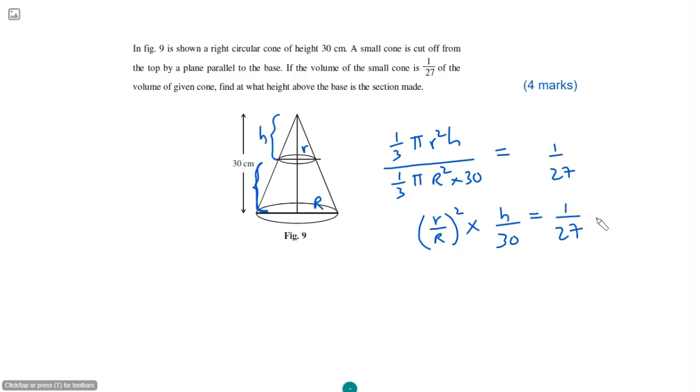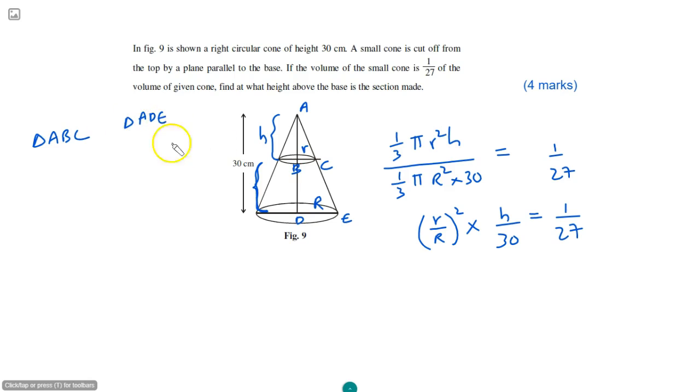For that we need to use similar triangles. Can you identify two similar triangles from this figure? Let me name the triangles. We have triangle ABC and the big triangle, triangle ADE, right? Triangle ABC and triangle ADE, are they similar?